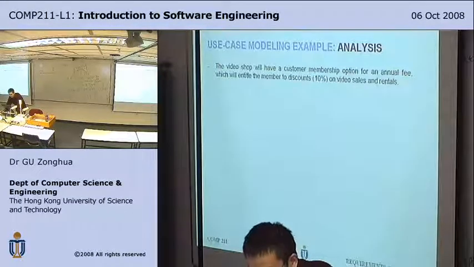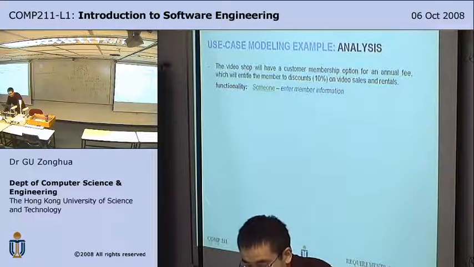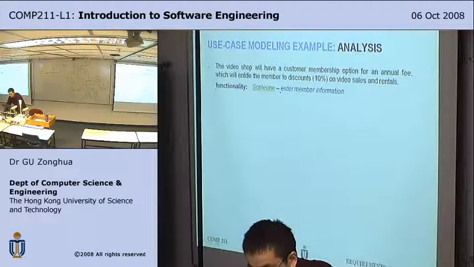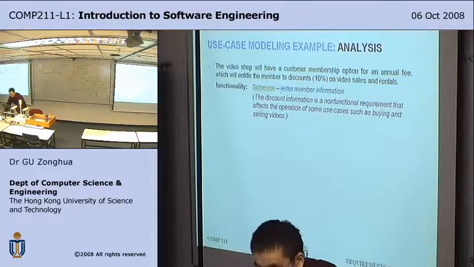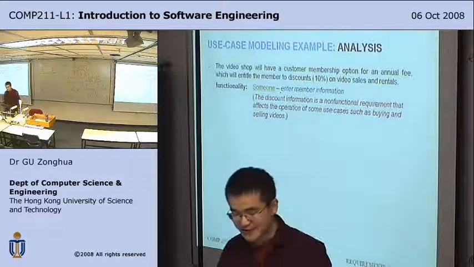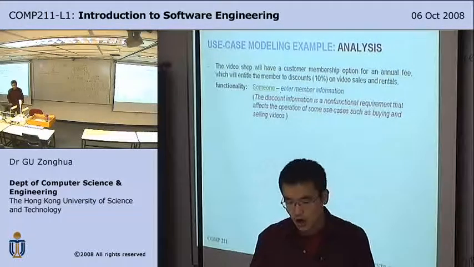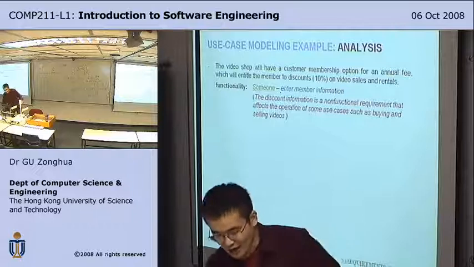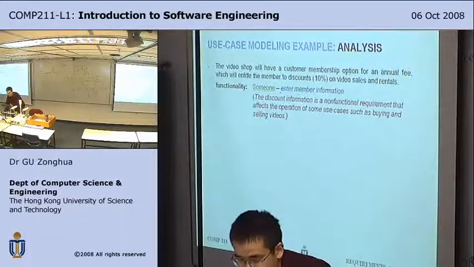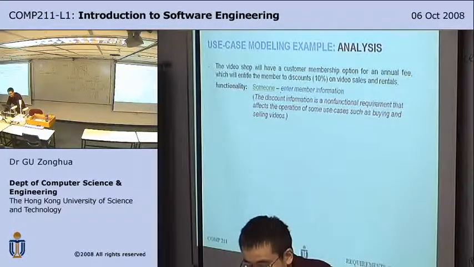Video shop has a customer membership option. So someone enters member information. So the discount information, the member will receive 10% discount on video sales and rentals. It's a non-functional requirement that affects the operation of some use cases, such as buying and selling videos.